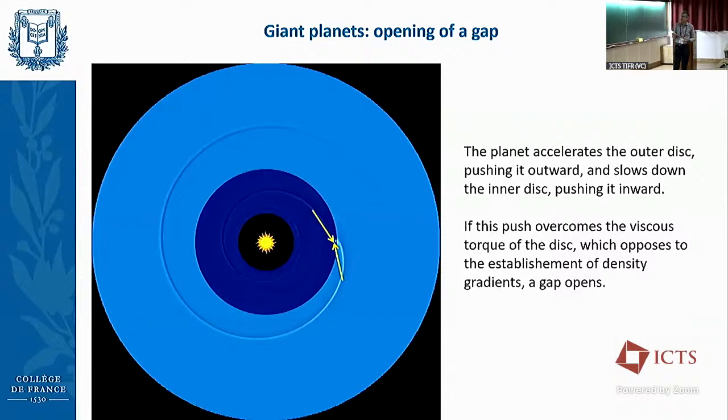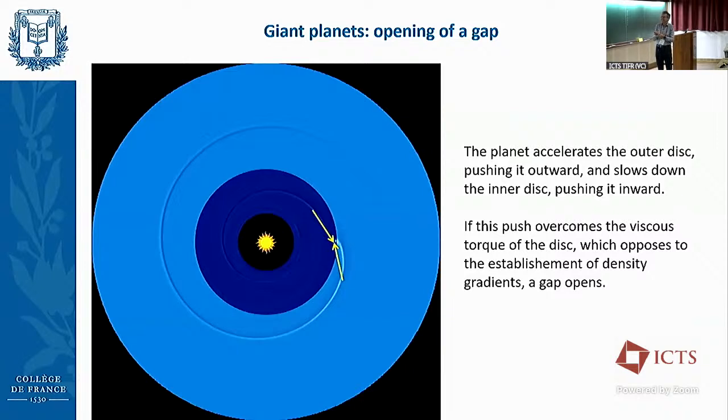Why? Because we've seen before that the wave, which is an overdensity in the disk, exerts a gravitational force on the planet. But as you know from Newton's principle, there is the action-reaction principle. So if the outer wave exerts a force on the planet, the planet exerts a force on the wave.